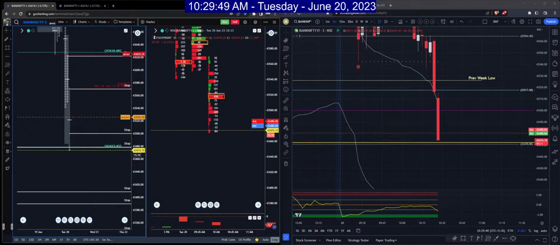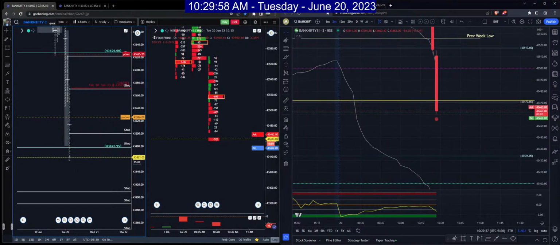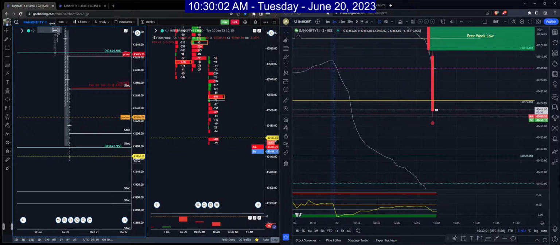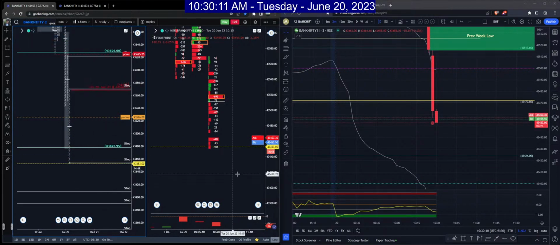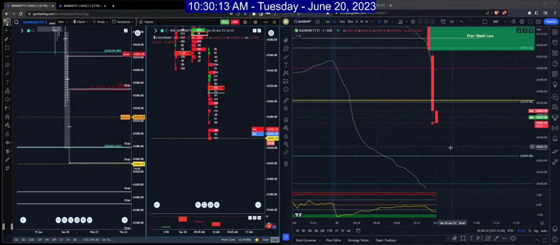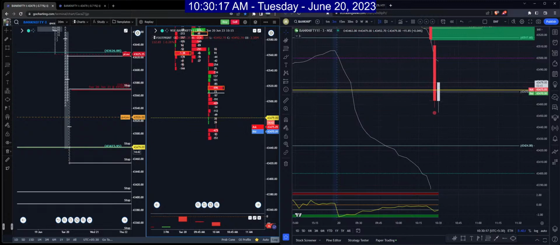So it has tagged the level, and am I seeing continuation? Yes, we are developing lower. Good strong supply is coming in. We have got some trapped sellers, and we have got some trapped buyers here. So I was looking for a look below and fail, but no, it's not happening. We are seeing continuation to the lower end. So today the sellers are the ones who are in control.